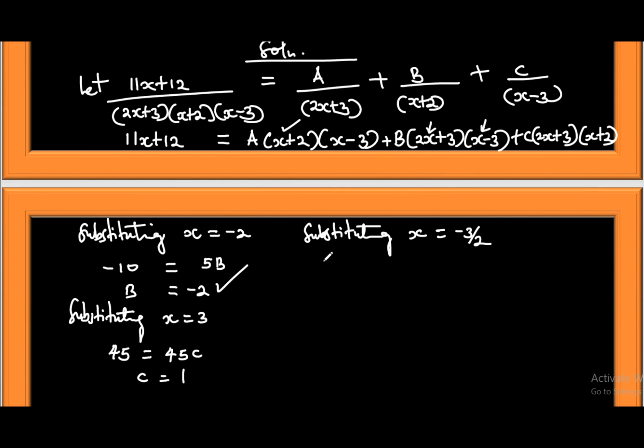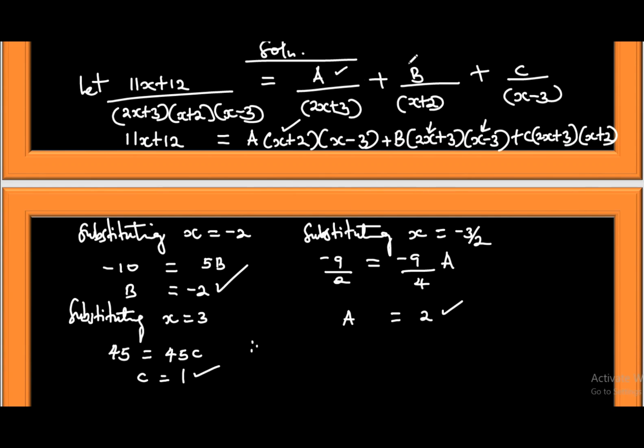On the left-hand side, if you substitute carefully in the place of x, you'll get negative 9 out of 2 is equals to negative 9 out of 4a. And therefore, if you're to make a the subject or get the value of a, the value of a becomes 2.